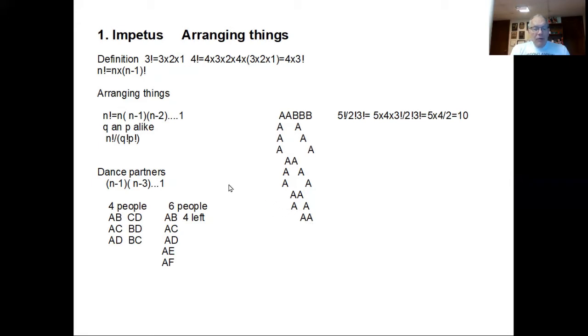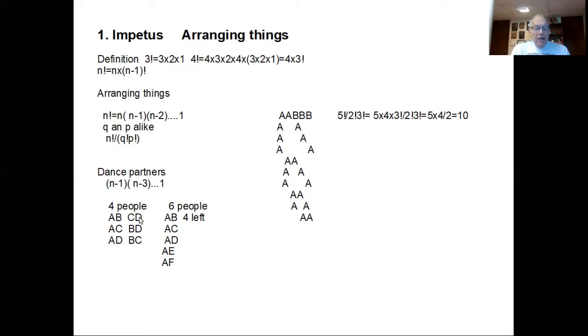Another example of the way we could use this is if you were in a dance studio and you had, say, 10 people, how many different lists could you make? Well, the way to solve this problem is by taking the simplest case, which would be 4 people. With 4 people, if A picks a partner, then there are 2 people left.